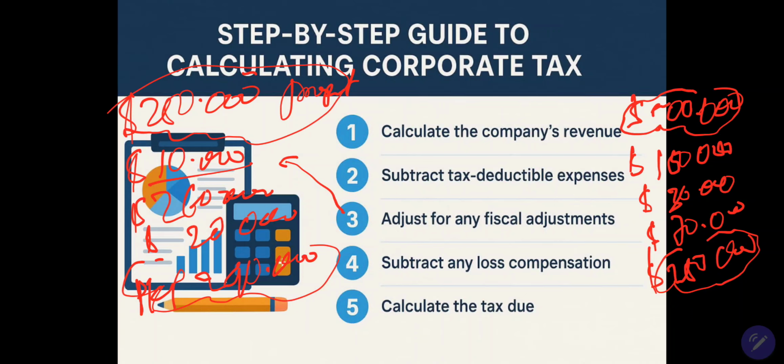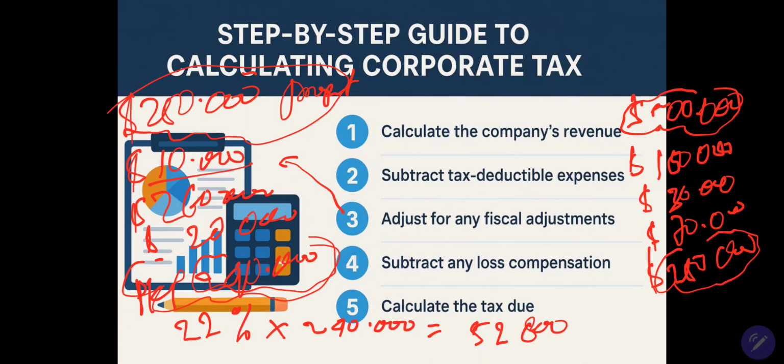And the last one, calculate the tax due. Tax payable is 22% times this $240,000, and the value becomes $52,800.